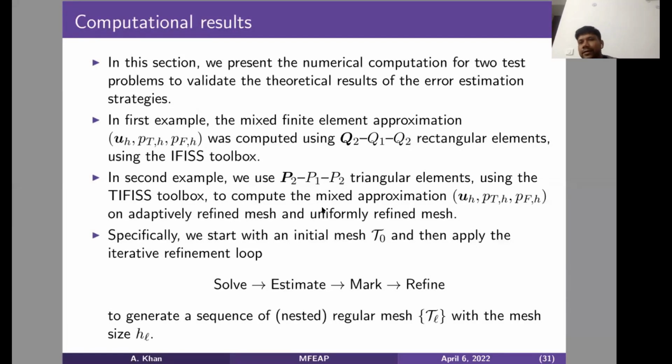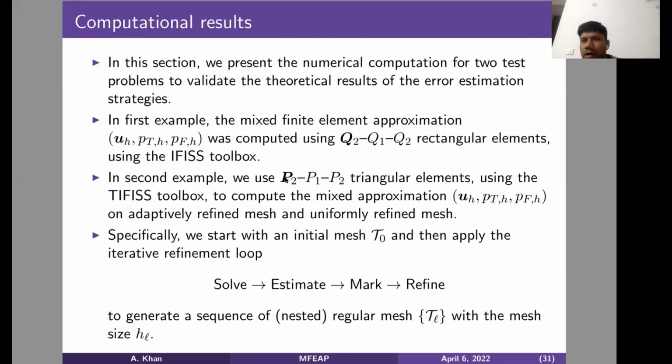So now theoretically we already proved that all three estimators we are developing are reliable, efficient, and robust. Now I'll try to see computationally whether what we are talking about is also working numerically or not. So we'll discuss two numerical examples. The first one on rectangular elements Q2, Q1, Q2, and for the second one we'll develop some adaptive mesh.